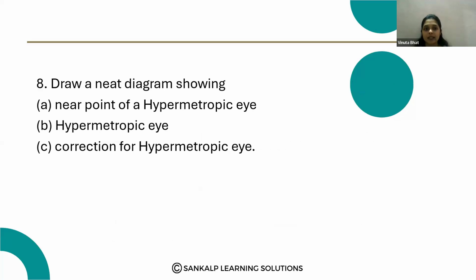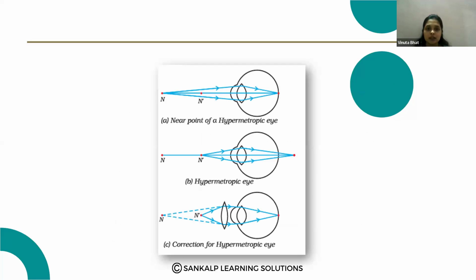Draw a neat diagram showing the near point of a hypermetropic eye, the hypermetropic eye, and the correction for the hypermetropic eye. So these are the three diagrams you have to practice.